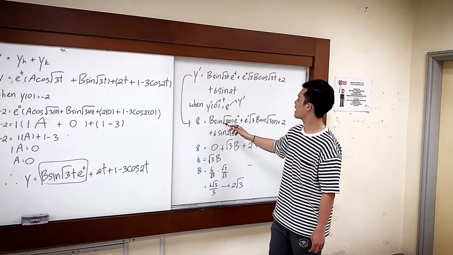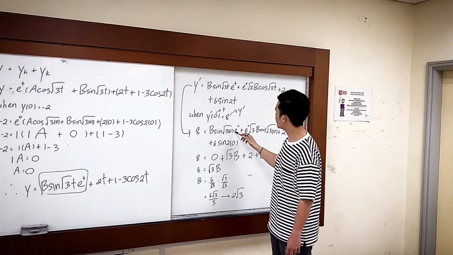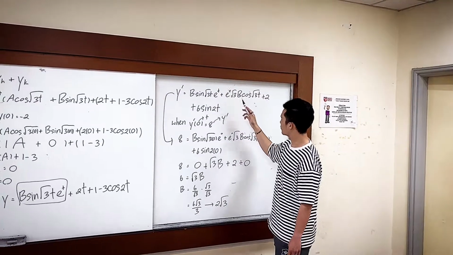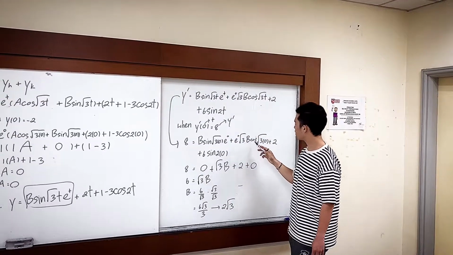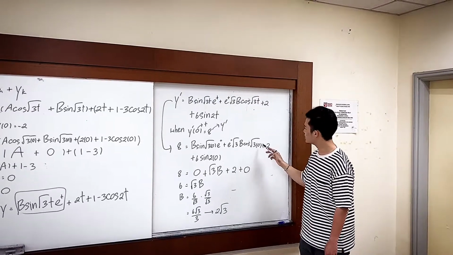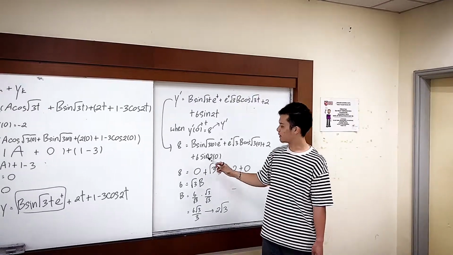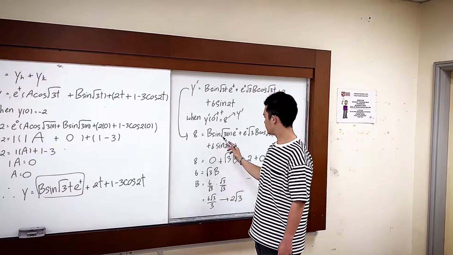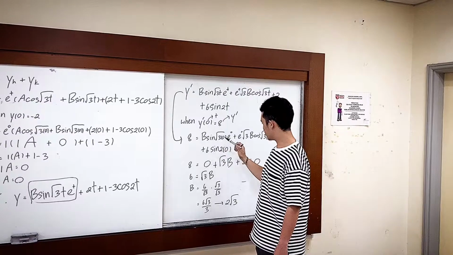So b sine square root 3 at 0, exponential power of 0, plus exponential of 0 square root 3 b cos square root 3 at 0, plus 2, plus 6 sine 2 at 0. 8 remains. Sine 0, 0.